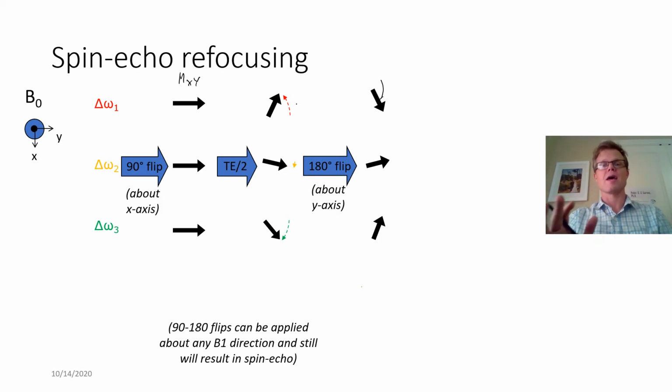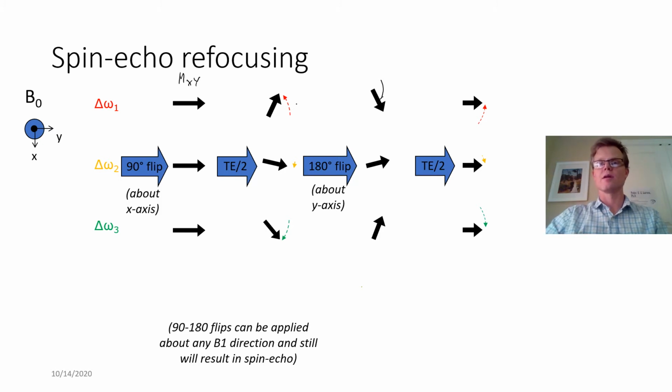But now the cool thing that happens here is that each of these net magnetizations still has the same resonance frequency. They're still experiencing the same underlying magnetic field. And so they're going to continue to rotate in the same direction they were rotating before. So this is where the magic of a spin echo happens.